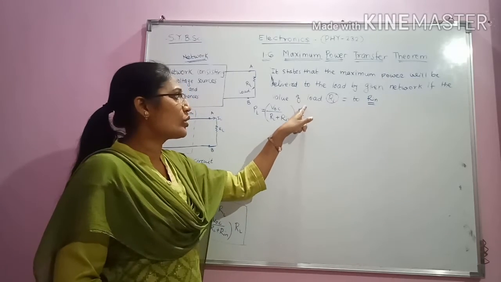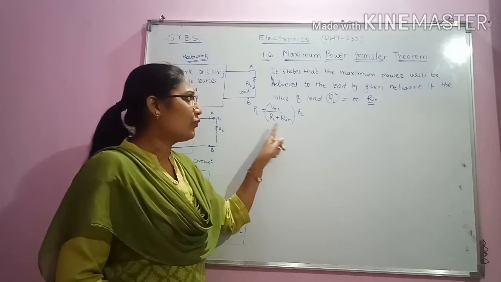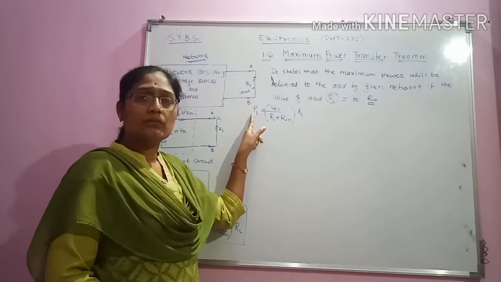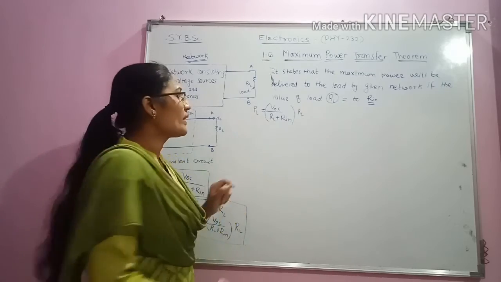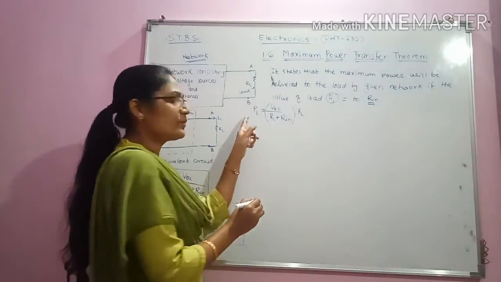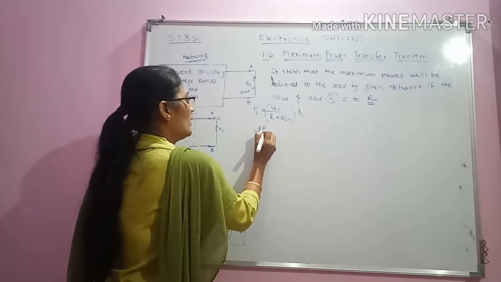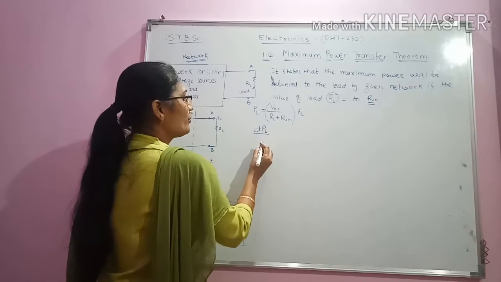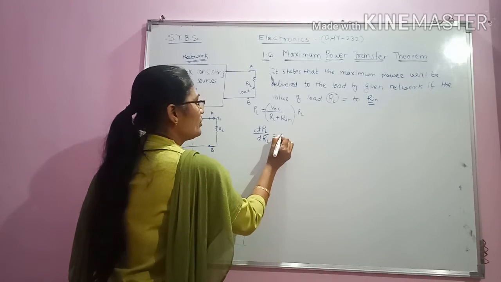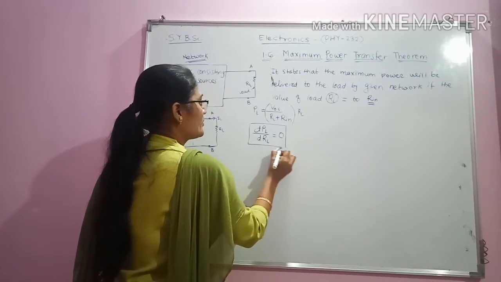As RL goes on increasing, the value of power also increases. And for a particular value of RL, this power becomes maximum, and that we want to find out. And for maximum power, the condition is that the rate of change of power with respect to RL is equal to 0.